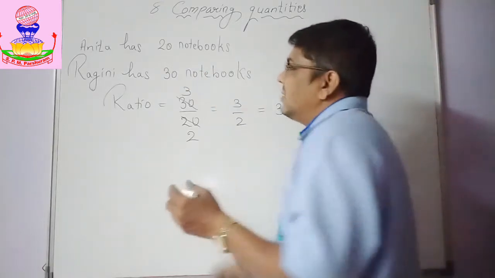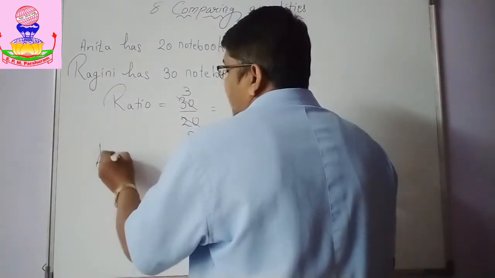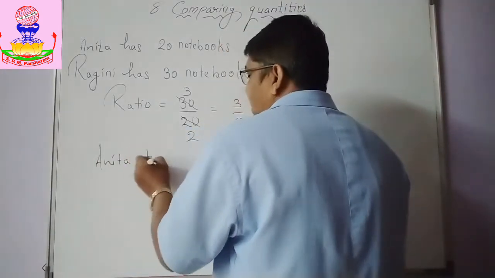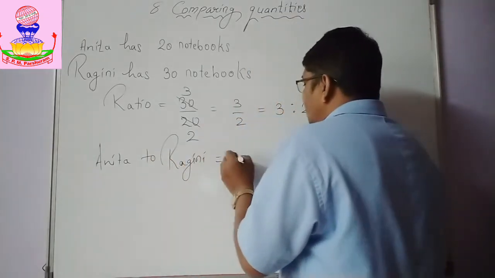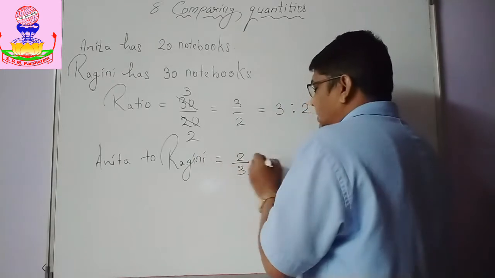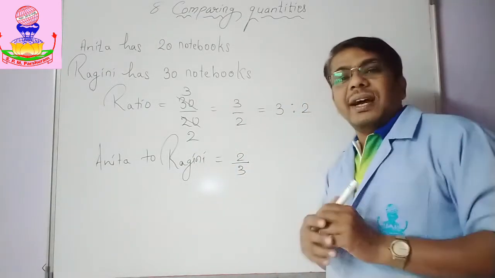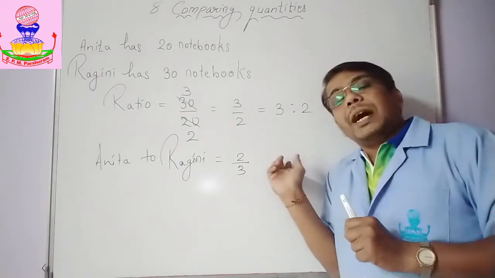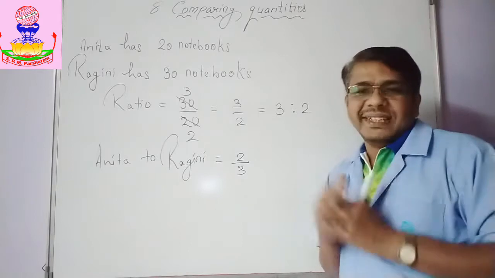So if I am finding that ratio, means ratio of Anita to Ragini, so how it will be? 2:3. So 2/3. So we say that Anita has 2/3 parts of the notebooks as compared to that of Ragini.